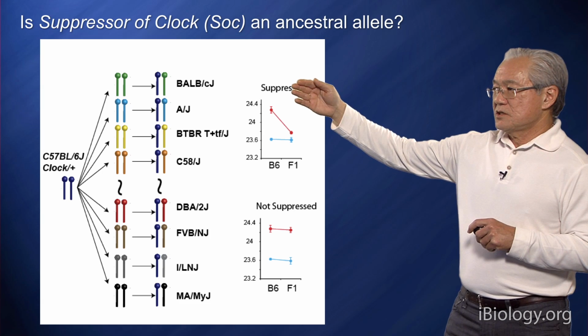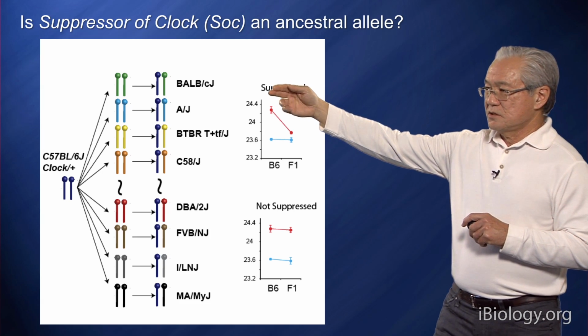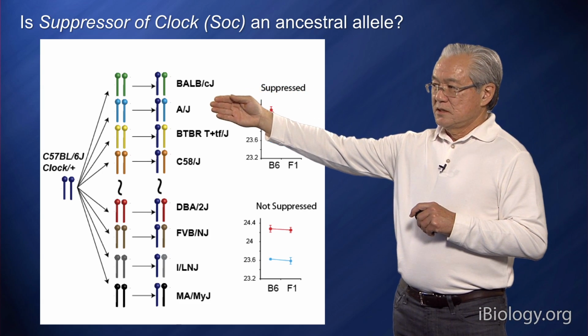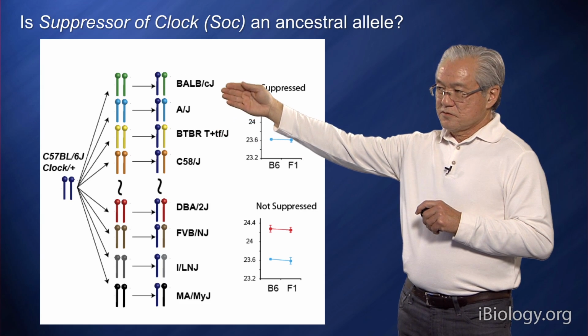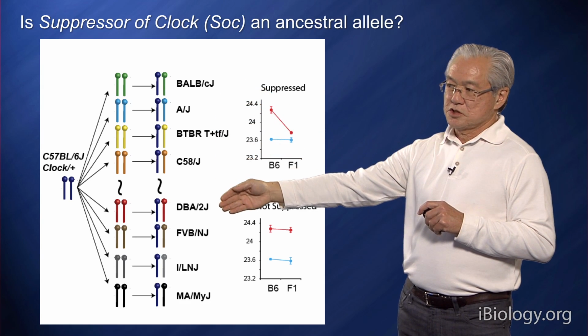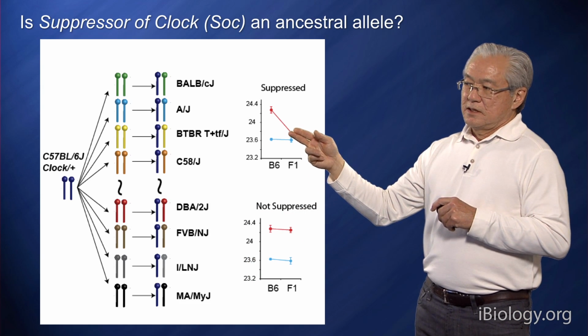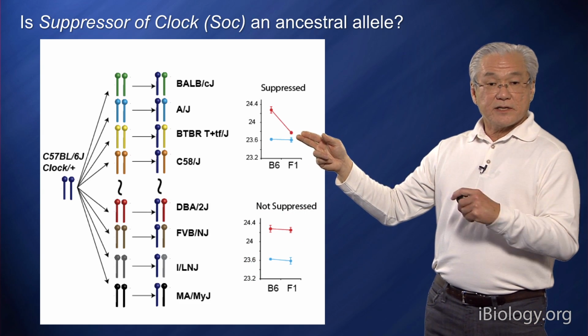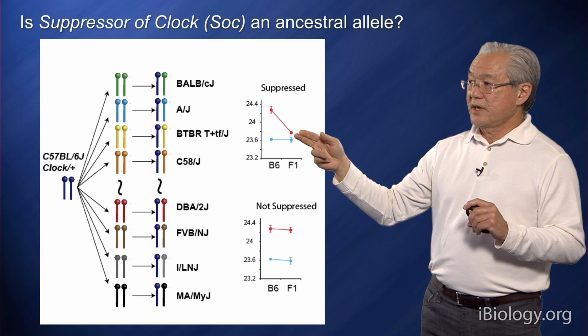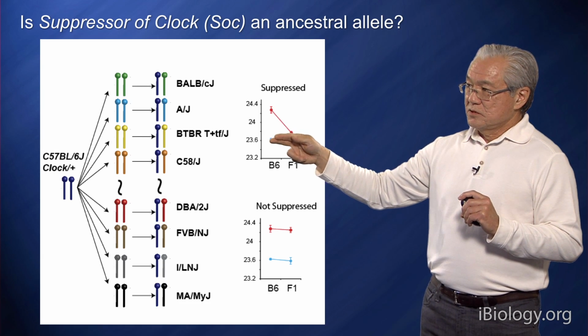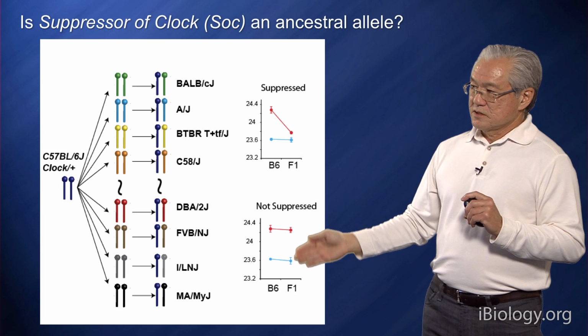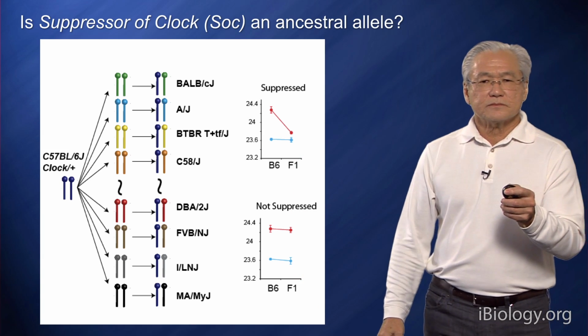And so to test this idea, what we decided to do was to cross the mouse clock mutant to different inbred strains of mice, shown here, and ask, does a different strain of mouse suppress clock or not? And the data would look like this. This is a suppressed mouse, and this is a non-suppressed mouse.